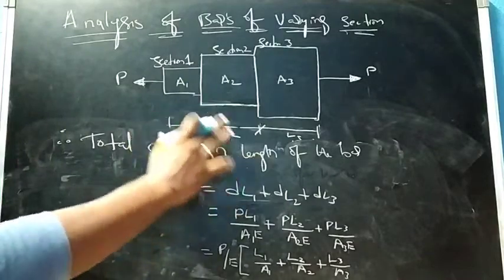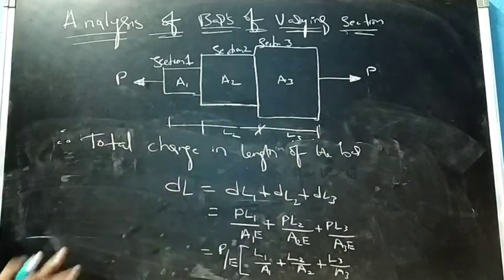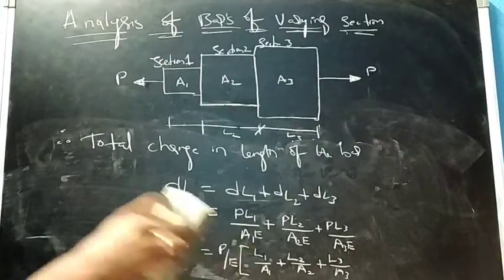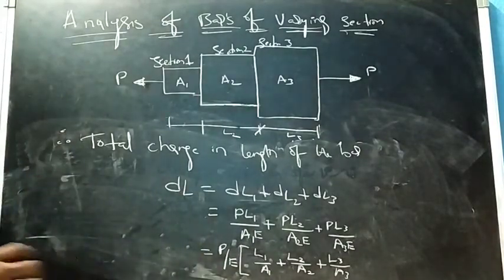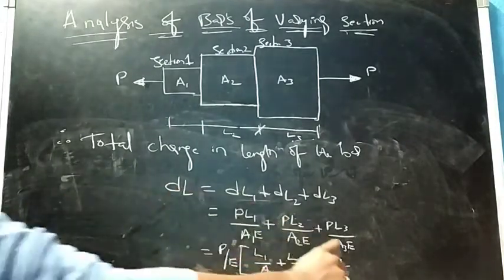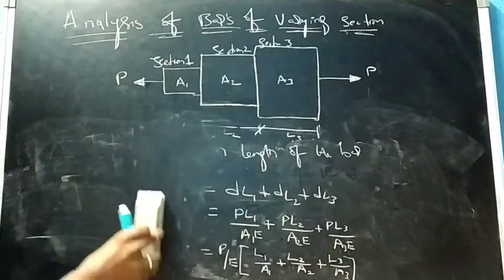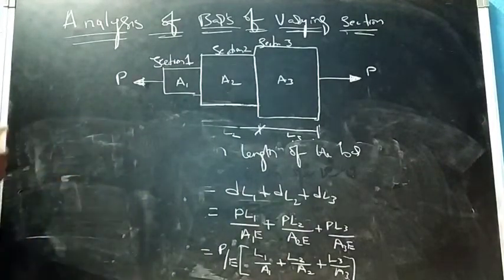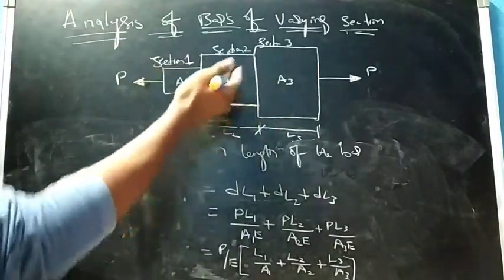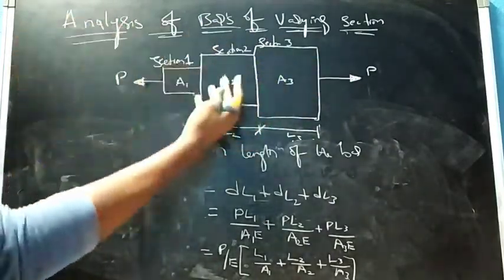If the Young's modulus of different cross sections is different, then what will be the total change in length?